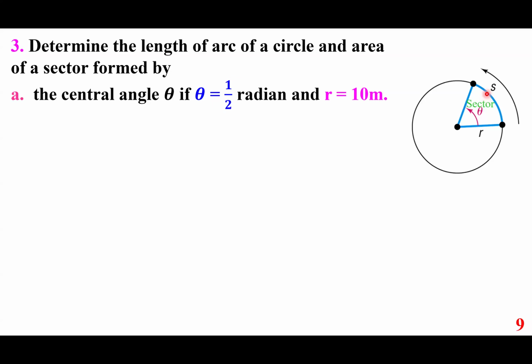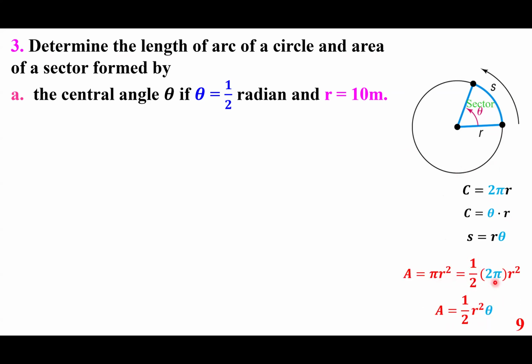As you know, the circumference is 2 pi r, and 2 pi represents a complete revolution, or theta. So theta times r is the circumference. So what would be s for a given theta? We know the area of a circle is pi r squared.